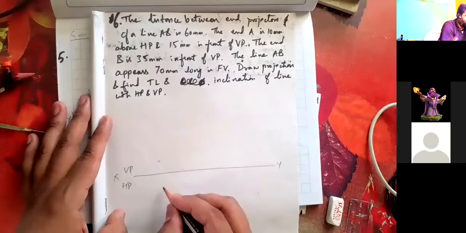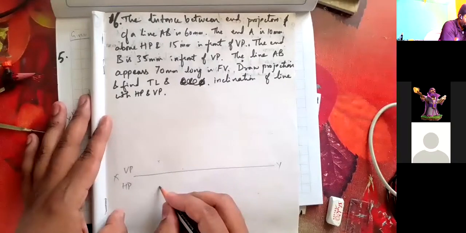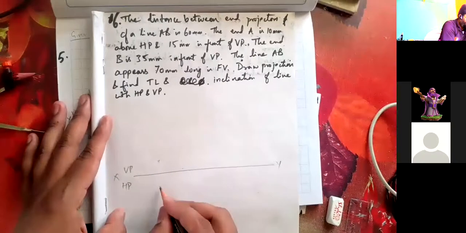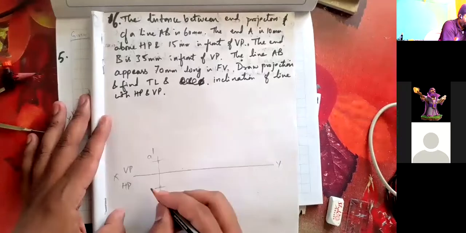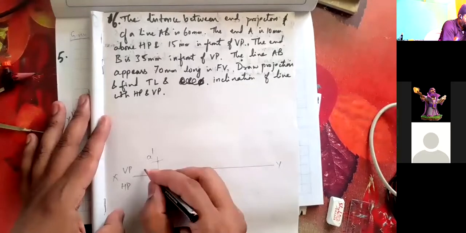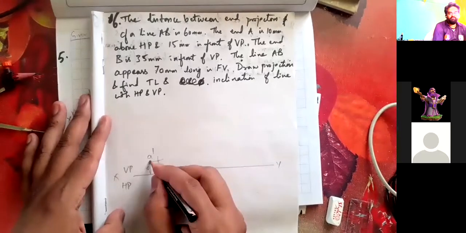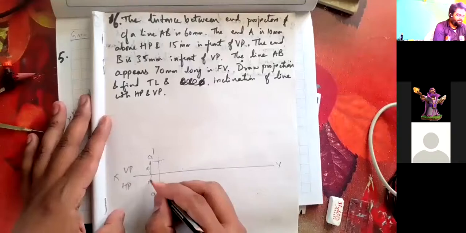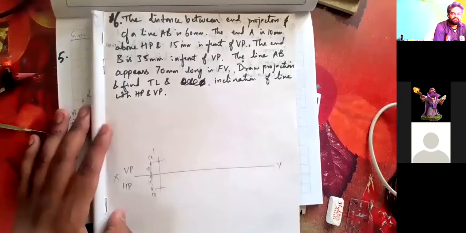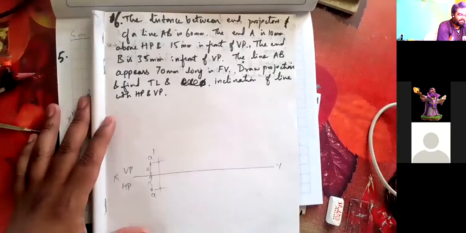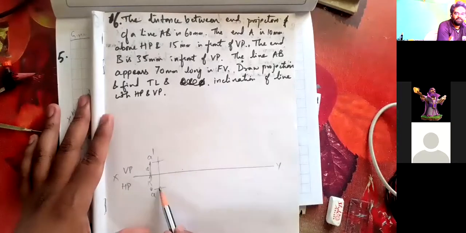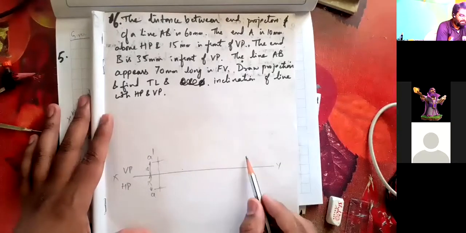I'm going to identify a position and name it as A dash and A. This is 10 mm and 15 mm. As a rough sketch, I am identifying the positions. So if you draw a locus of A here, A dash and A should be exactly 15 and 10 mm here also. If you are drawing on an unruled copy, please check it.